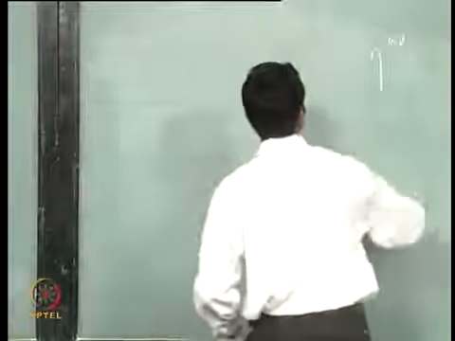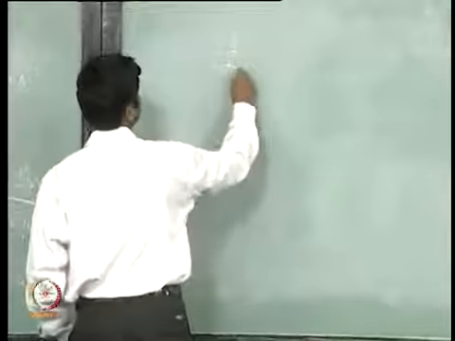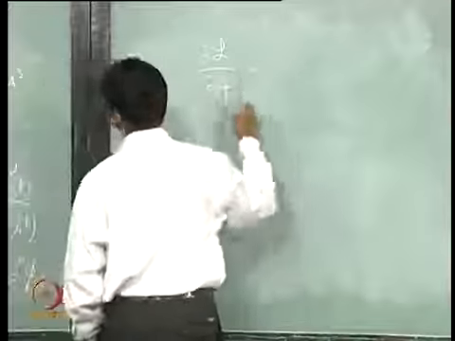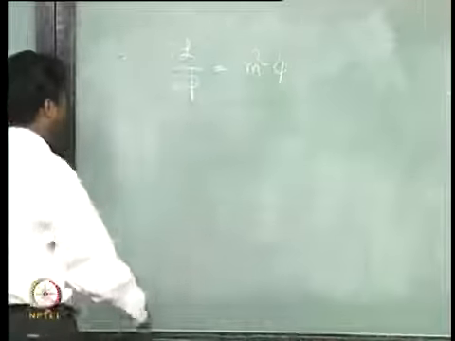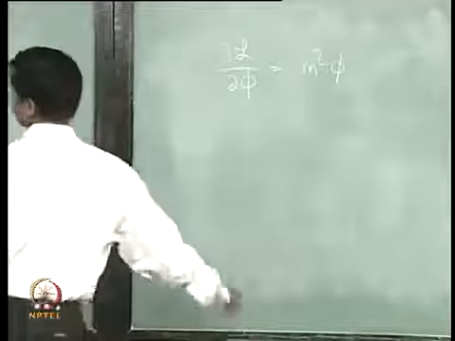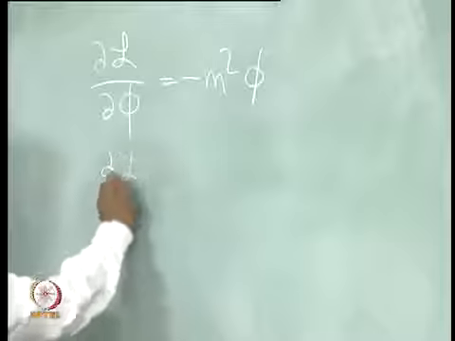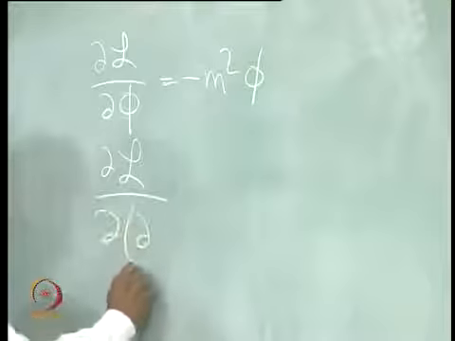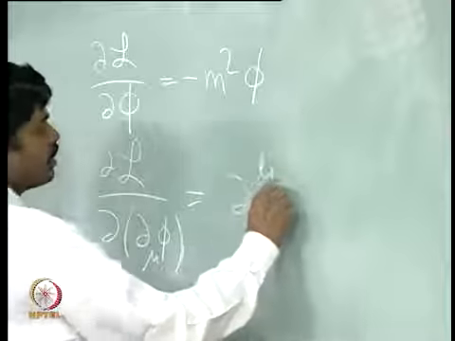Okay, so let us summarize what we have seen here. We find del L over del phi is equal to minus m square phi, and del L over del mu phi is equal to del mu phi.